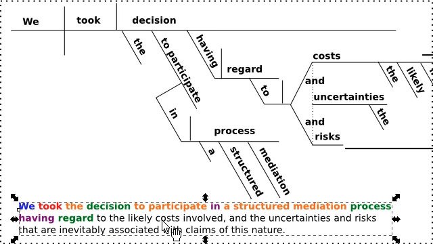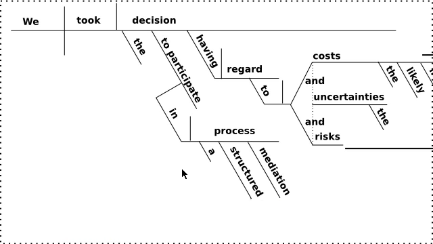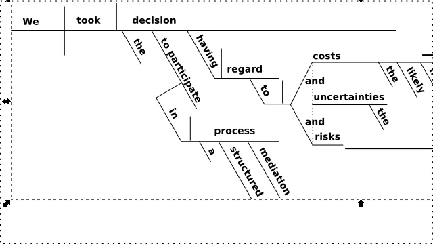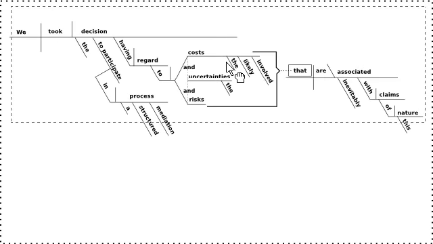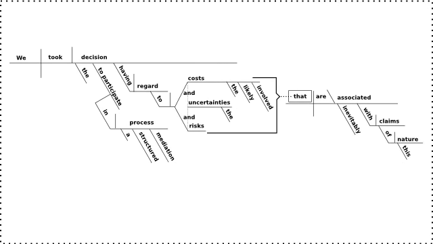We can, I think, get rid of this now that we've done that. Give you an idea of how the thing looks in its entirety. I'll just shrink it there a little bit. There you have it.